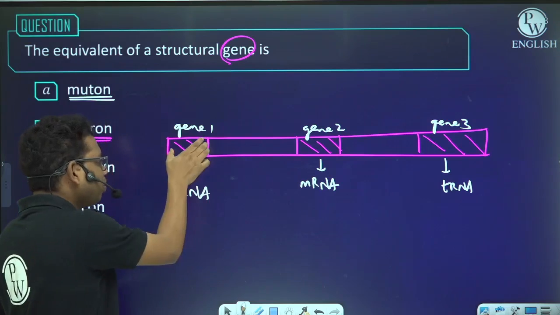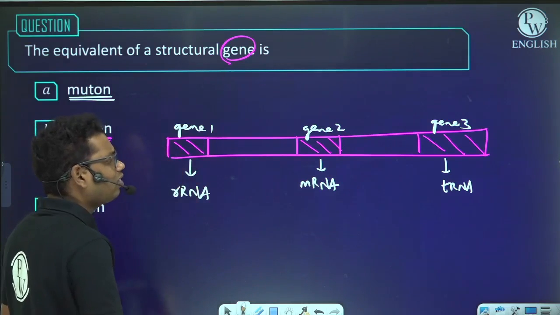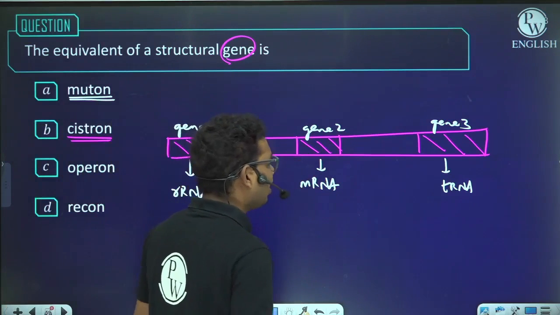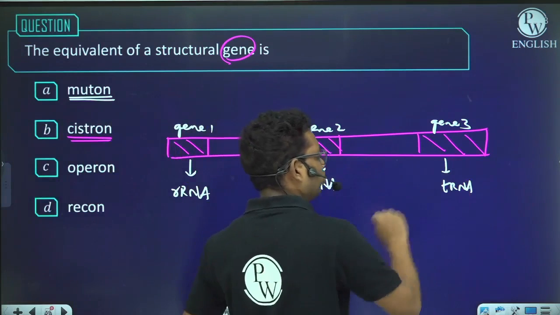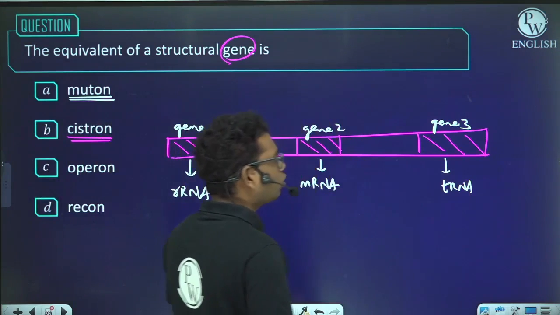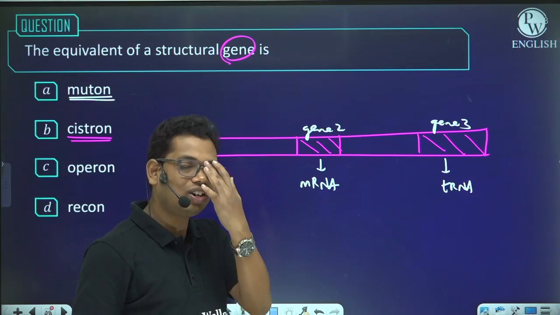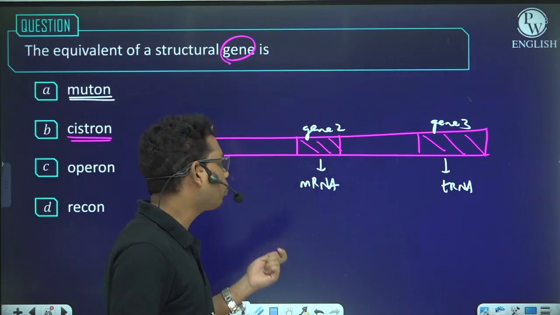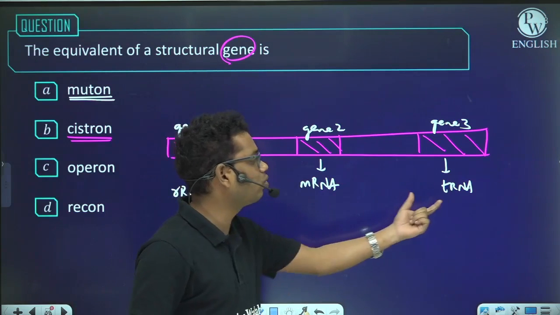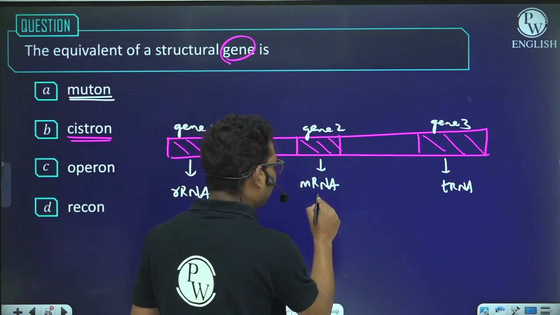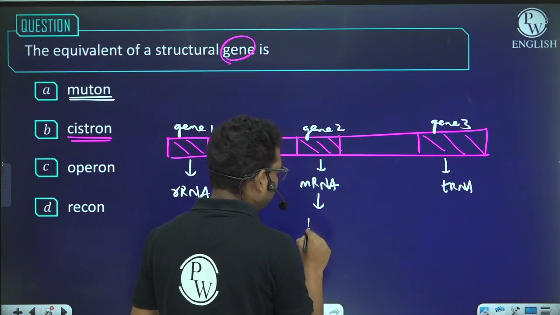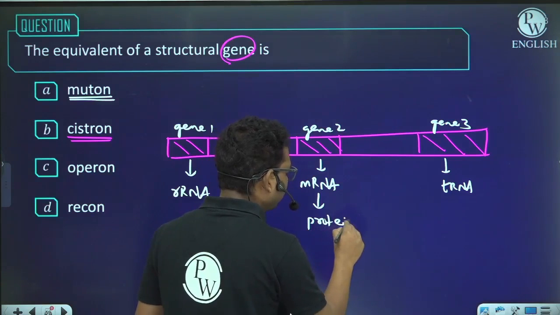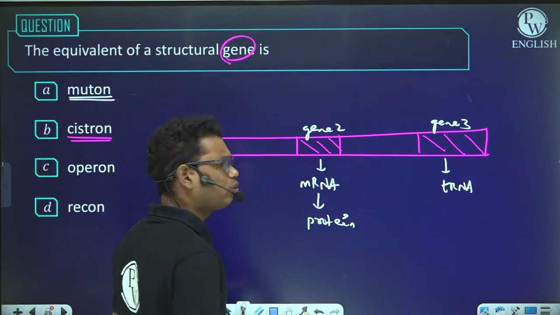Most students think that a gene is the segment of DNA which produces protein only. No, it can also produce the rRNA, it can also produce the tRNA, and if it produces mRNA, ultimately it will undergo translation to produce the protein.